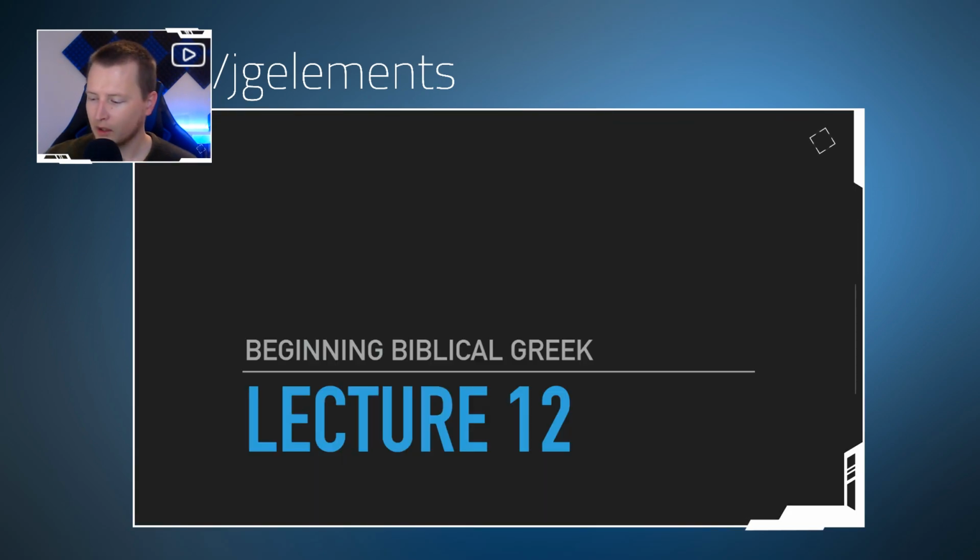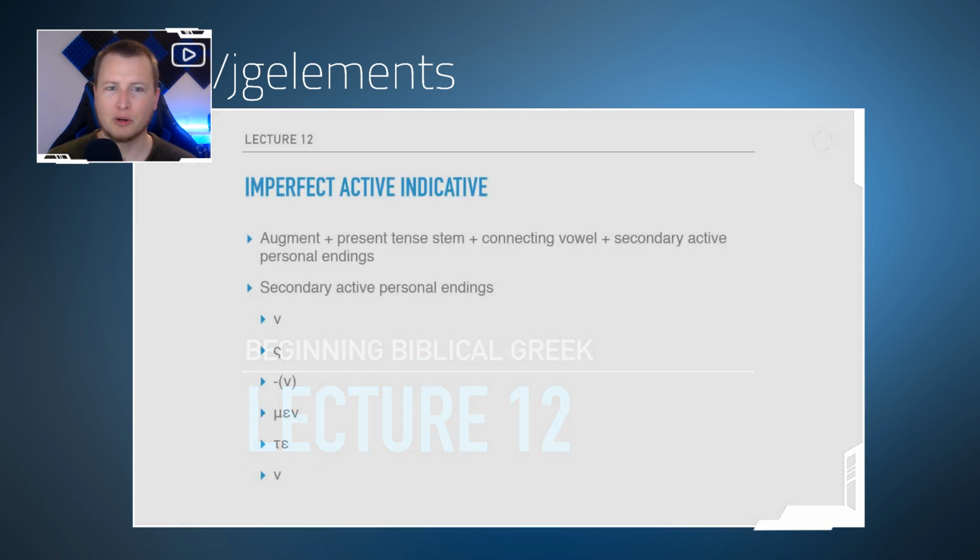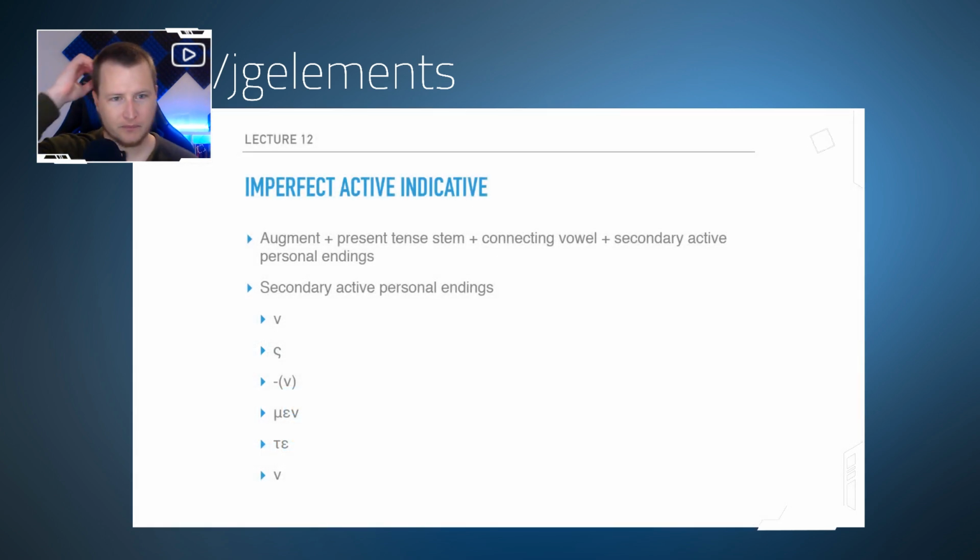Cool. So, the imperfect active indicative. The imperfect is one of the past tenses. Okay? So we had present tense, I am, like I am walking or I walk.